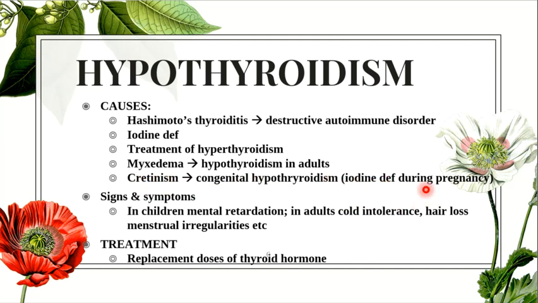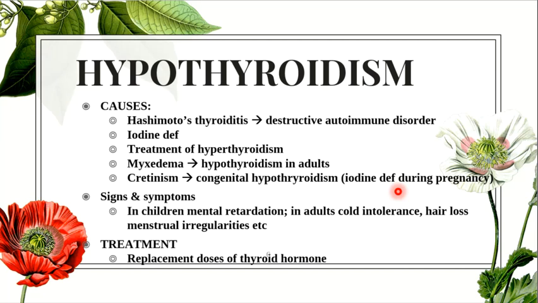So iodine deficiency during pregnancy can cause cretinism. Also, in most cases, if the mother is hyperthyroid during pregnancy, she is on drugs, right? But because in pregnancy it cannot be maintained properly, more or less she stays in a hypothyroid condition. Because of that, the baby can also have hypothyroidism, that is called cretinism.